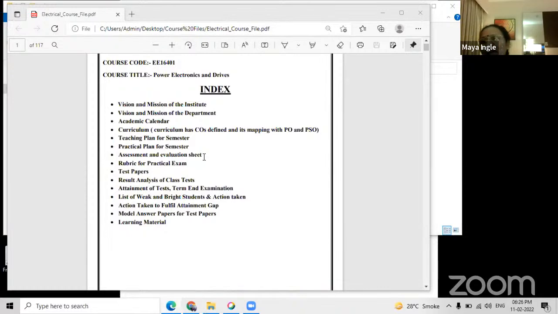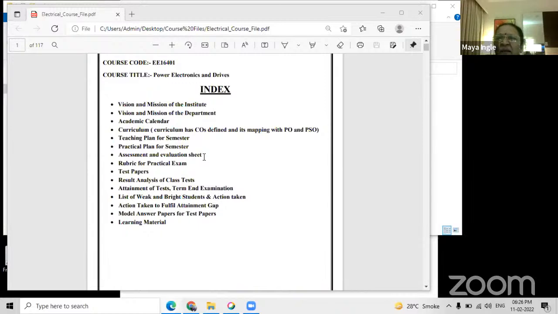So weak student, everybody knows, means they are not performing well in tests or even examinations, or whenever the assignments are given to the class, they don't understand properly, and hence they are not able to solve the problems immediately. So we have to take different kinds of actions for them.